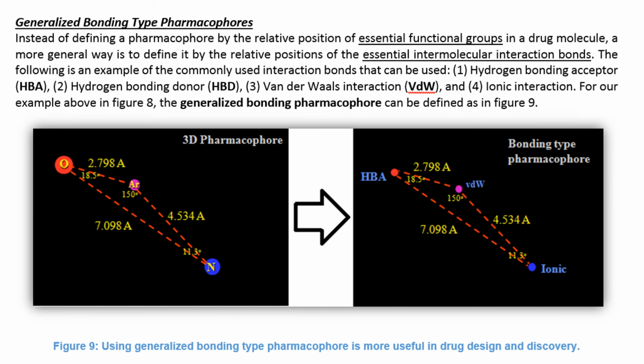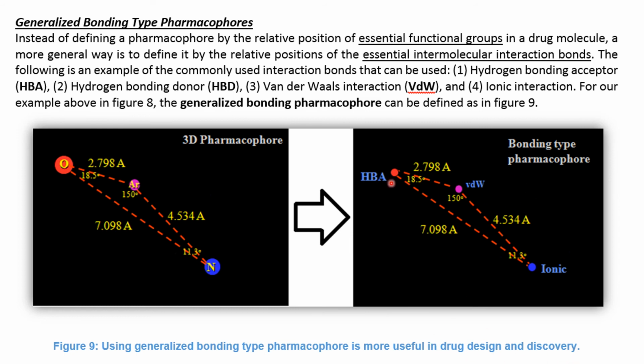Now, why would we bother defining the bonding type pharmacophore rather than the normal three-dimensional pharmacophore? It is because this kind, the generalized pharmacophore, is more useful in drug design and discovery.